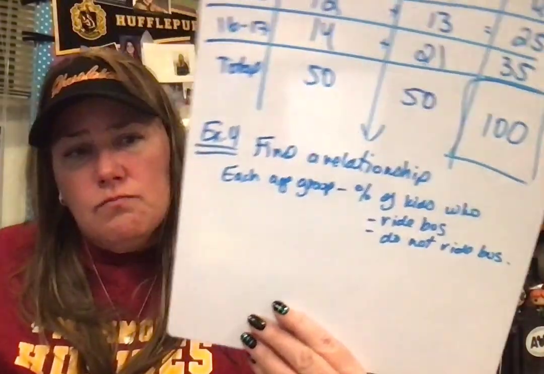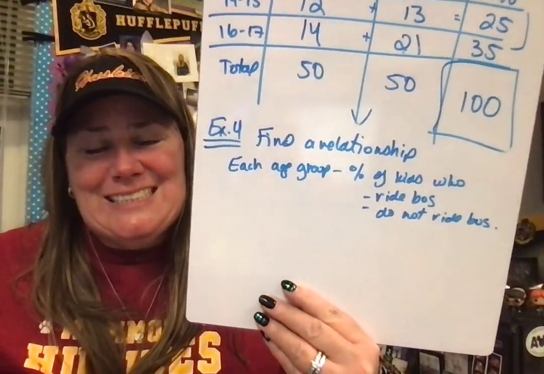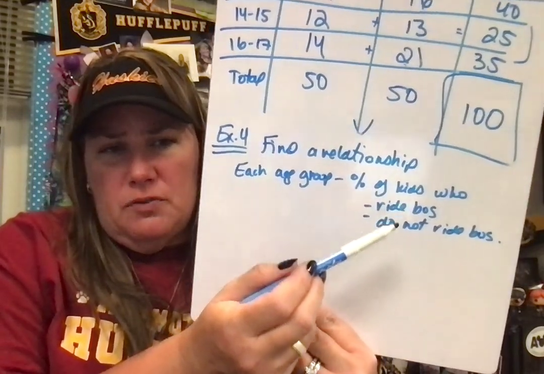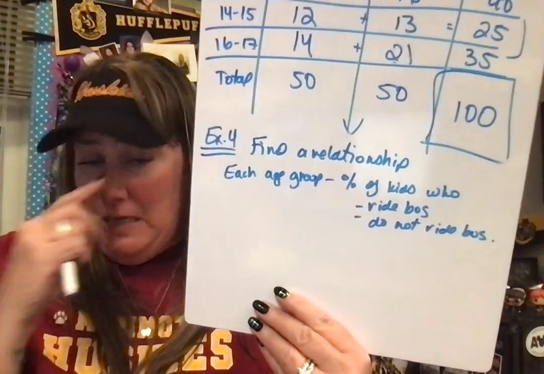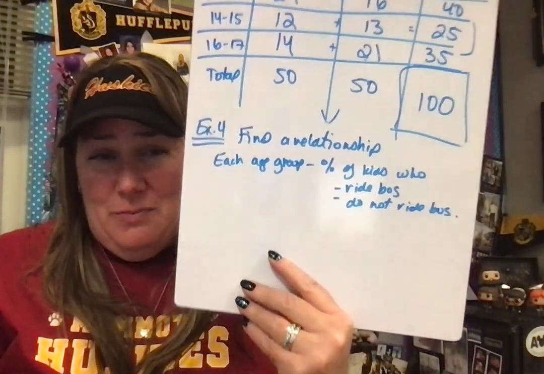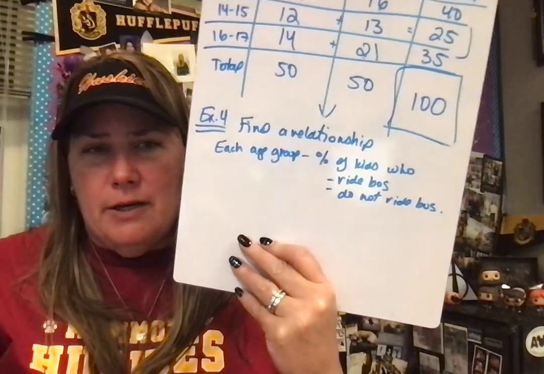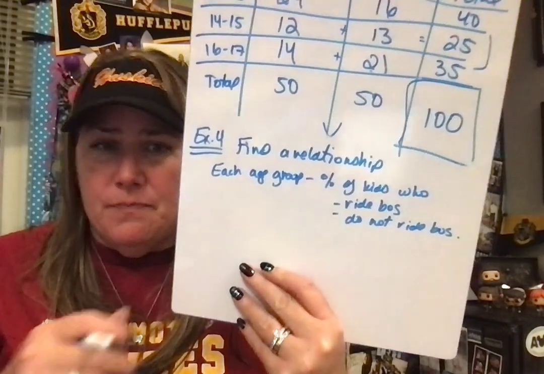Okay. Each age group, we're going to find the percentage of kids who ride the bus and who do not ride the bus. My handwriting's getting harder and harder to read, especially backwards. Okay, and we're going to organize it in a 2-way table.